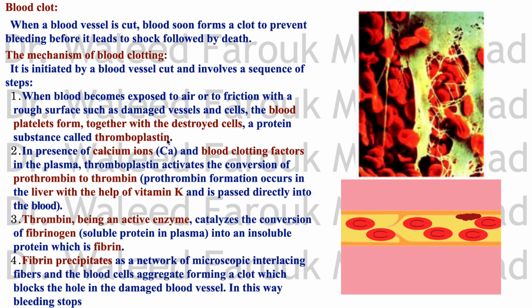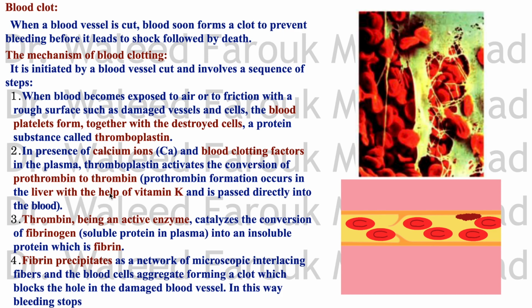Plastin means the one that will form thrombin. In the presence of calcium ions and clotting blood factors, this thromboplastin acts on the inactive prothrombin to convert it into thrombin.